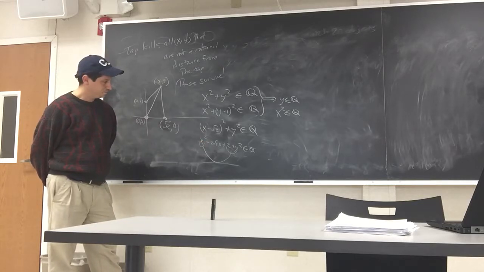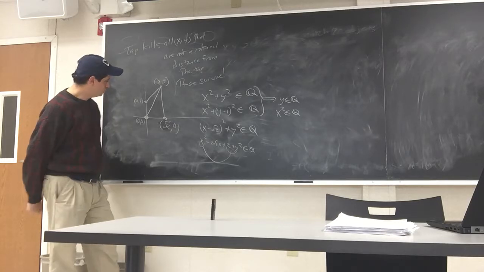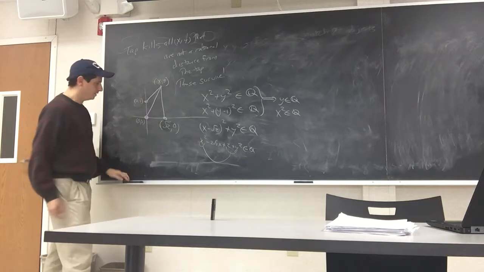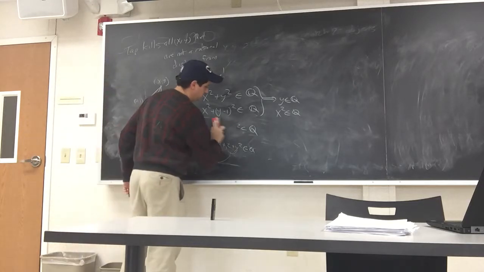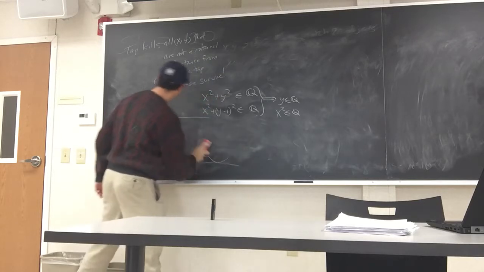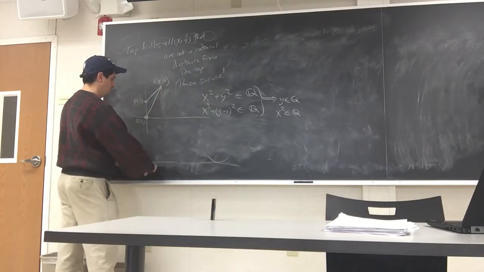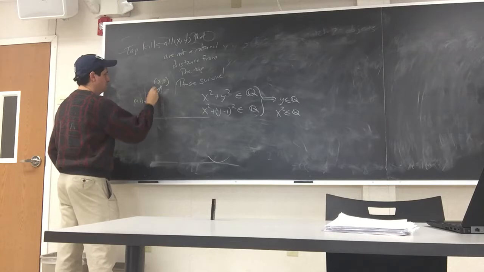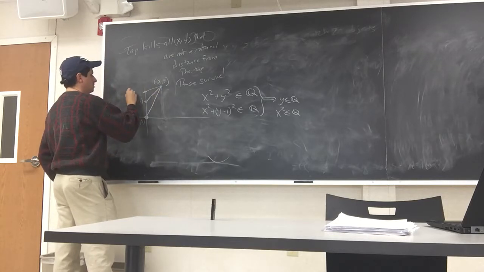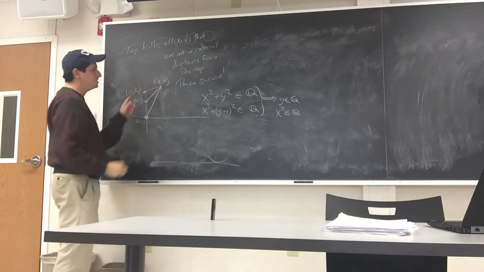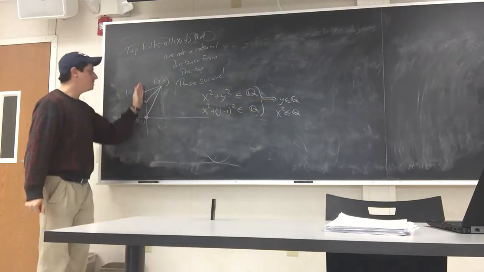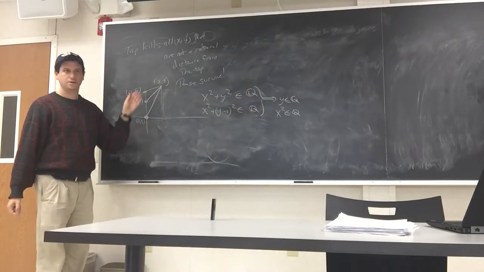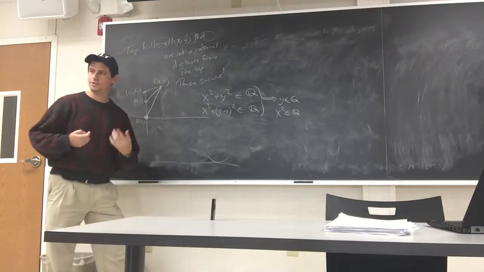I think I tapped at (0, root 2). Oh, so you did three things. Yeah. I just ignored x. But this is actually a good way to go because you've already got y is rational. So if you keep tapping like this, the hope is that you can then force it.